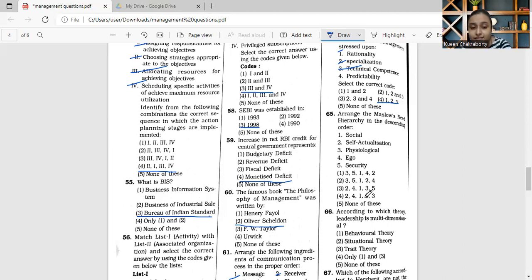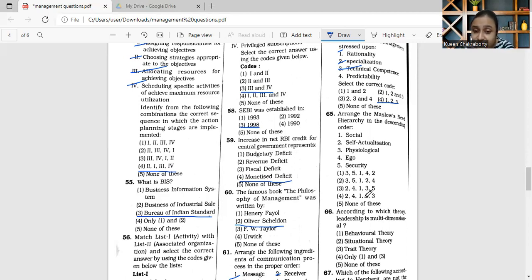Maslow's hierarchy of needs is often displayed as a pyramid, as I just told you. The lowest levels of the pyramid are made based on the basic needs, while the more complex needs are located at the topmost point. Needs at the bottom are the basic physical ones.